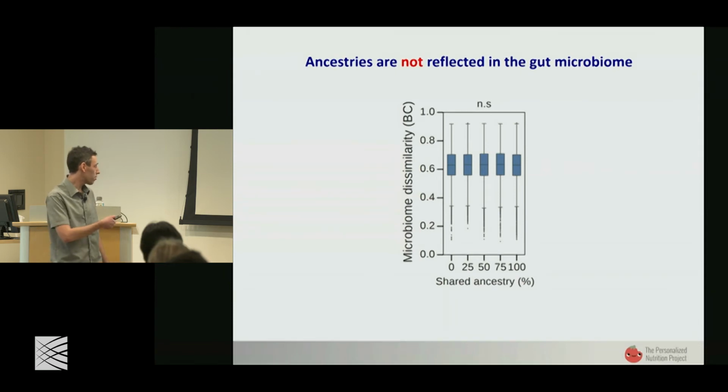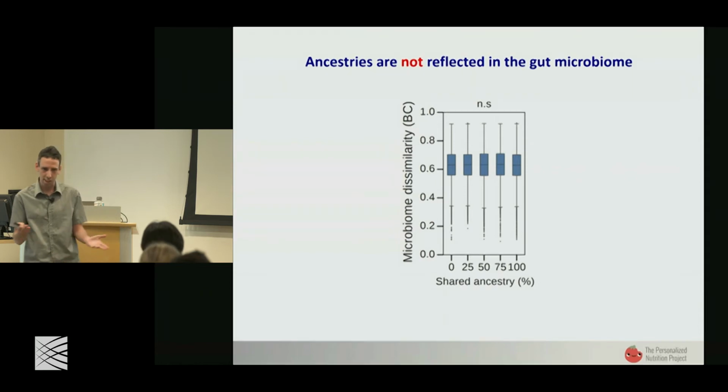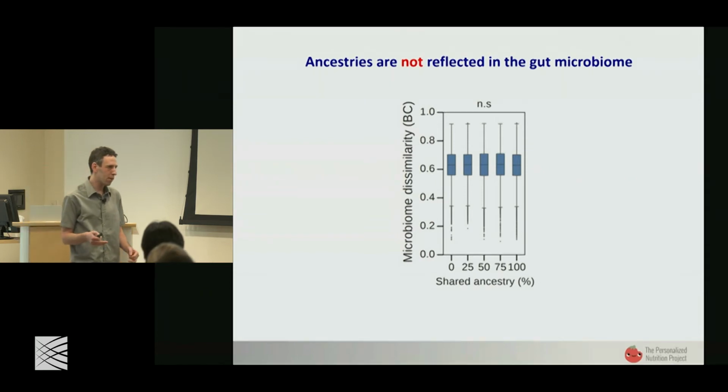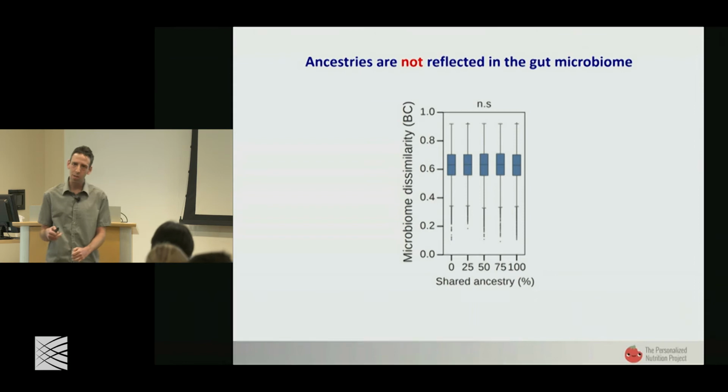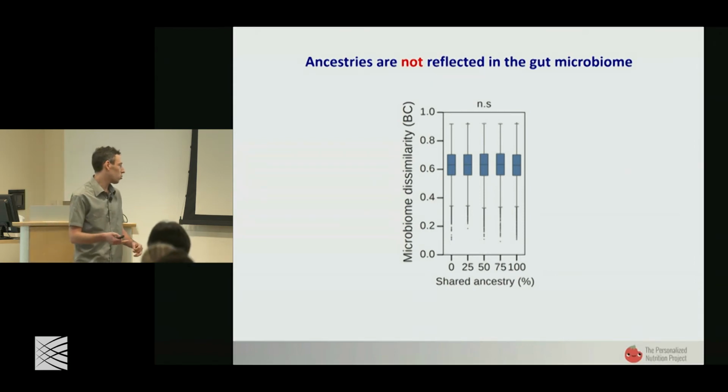This is the Bray-Curtis measure. I'm not going to get into the details. And these are box plots over all pairs of individuals, but as you can see, there's no signal here. So individuals from the same ancestry do not have more similar gut microbiomes. So this also didn't look good.